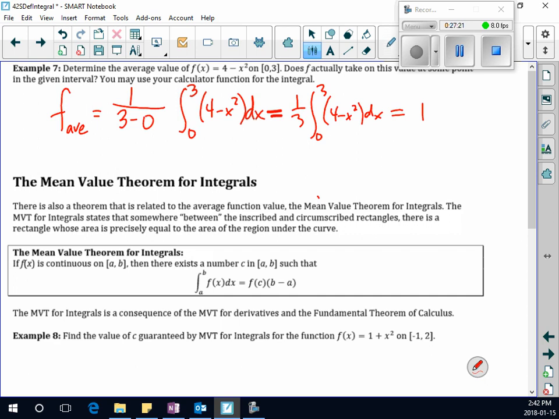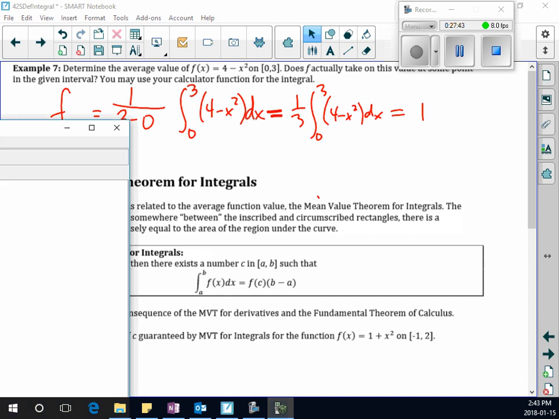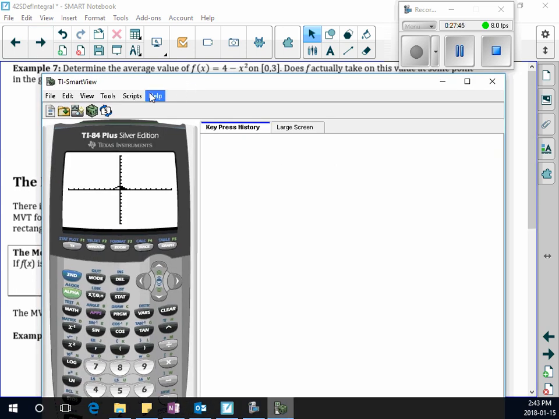Oh, okay. Wait, we have to type this whole thing. Yeah. There's no way to do it. Well, there will be once I show you how to do it, but we're just using our calculator right now. Remember how to do this?